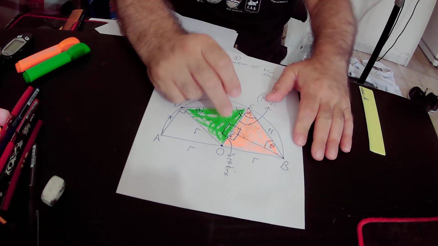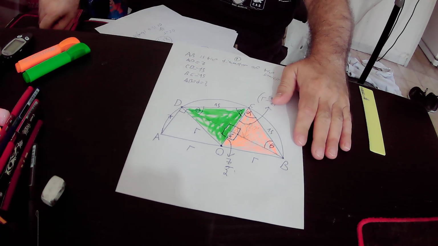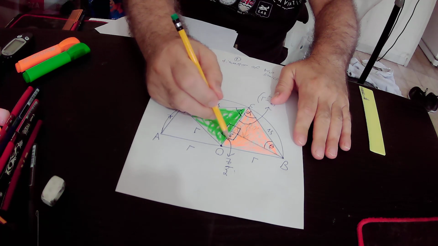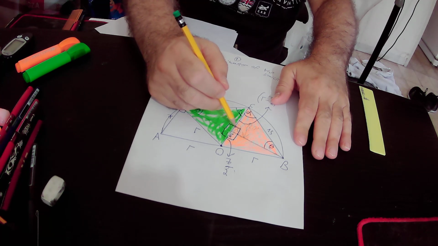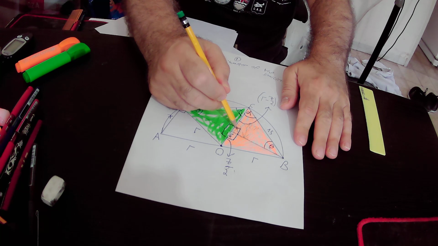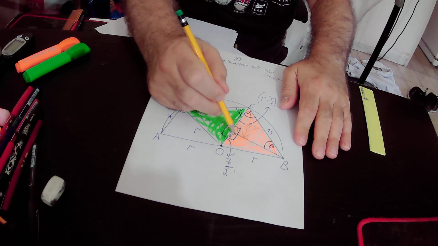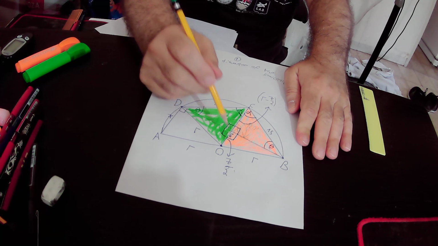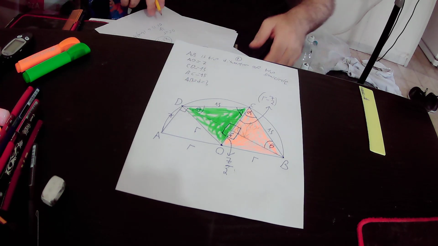Okay? So this angle is 90 degrees, and this angle that is 90 degrees plus the size of angle BEO must be equal to 180 degrees.